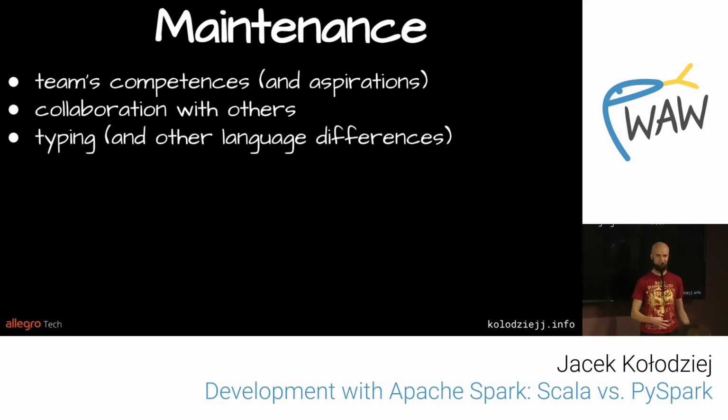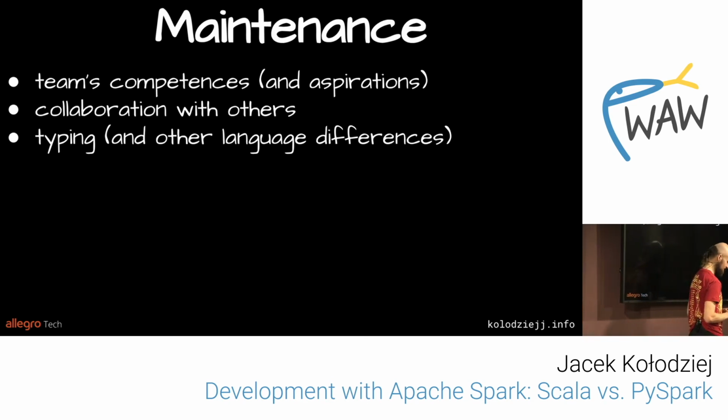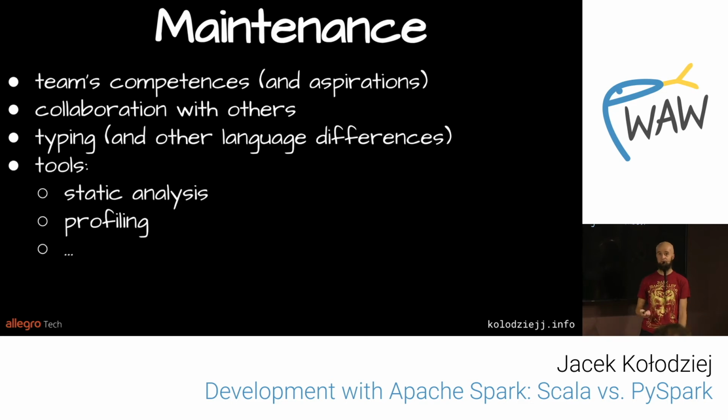The development loop in Python looks like this. You make a change, you run tests, and make another change, and go on. In Scala, you make a change, you compile the code, and then run the tests. And sometimes it doesn't matter, sometimes it does.